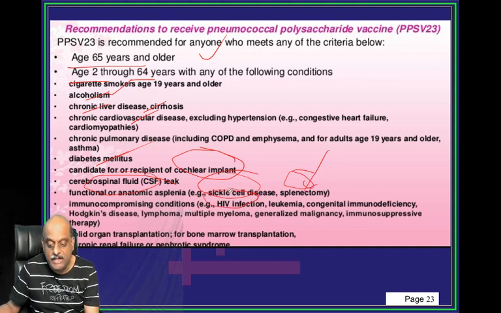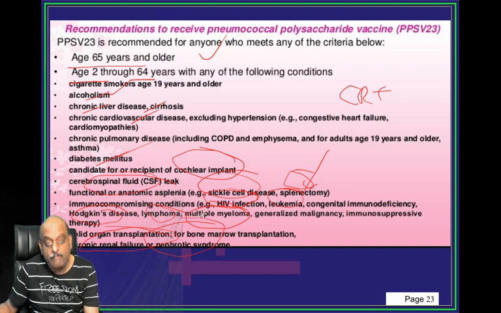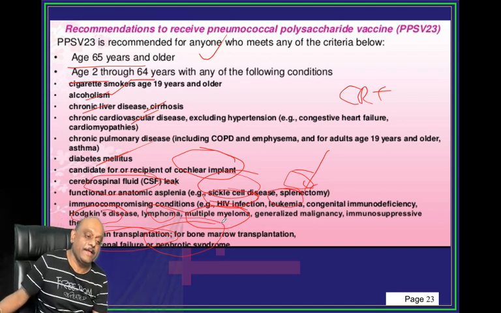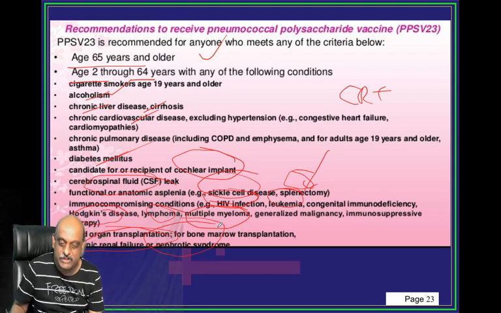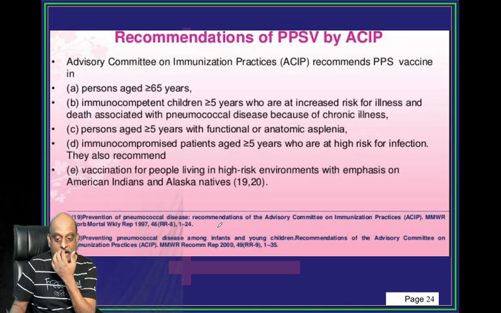Similarly, those who have HIV, leukemia, Hodgkin's, lymphoma, multiple myeloma, solid organ transplantation, CRF, or nephrotic syndrome are all the subset of population to which this PPSV23 is indicated.